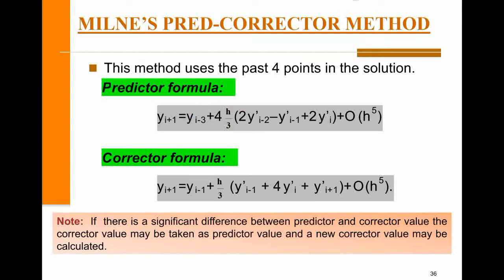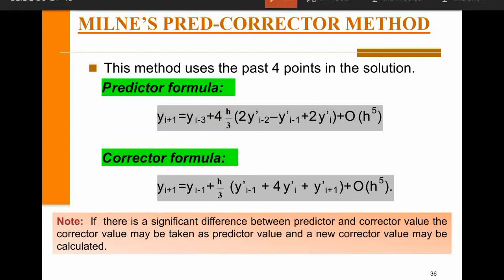That means for evaluation of yi plus 1, we need 4 step values. At the step i, at the step i minus 1, i minus 2, and i minus 3. So previous 4 step values we are taking to evaluate the value of yi plus 1.